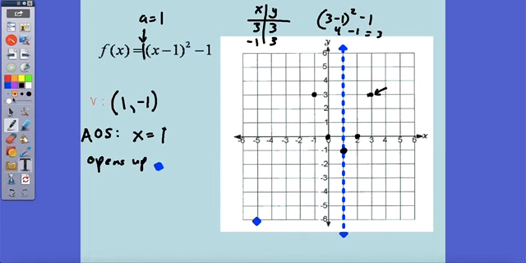And then we draw our line to make our curve. And there we go. Remember, we always want to use 5 points.